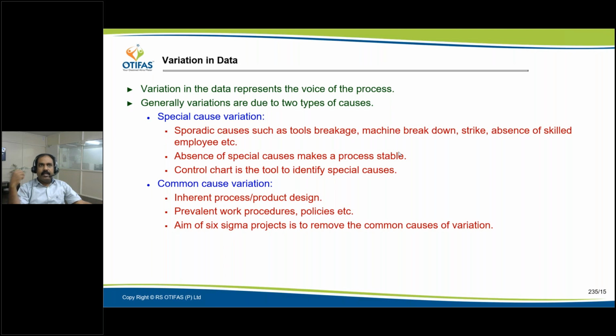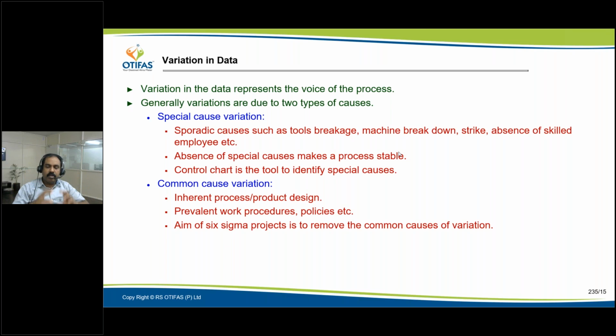There are big machines or mixers involved in a pharmaceutical company where you mix two chemical components together. One day a machine breakdown happens, or a person trained on that particular machine is absent, or there is a fire accident in the factory.